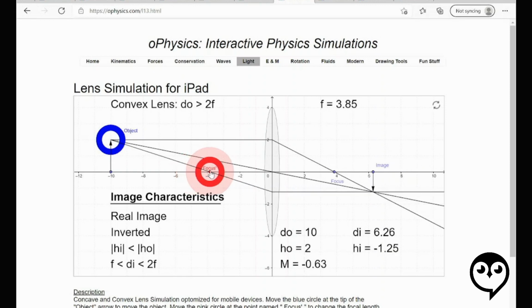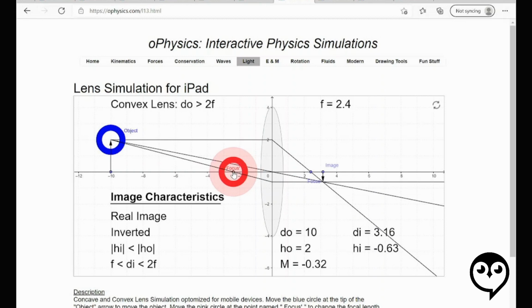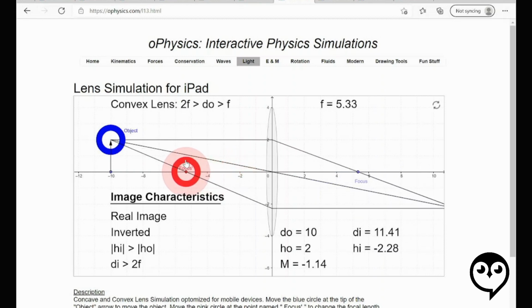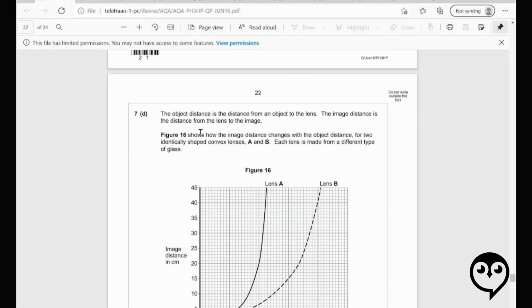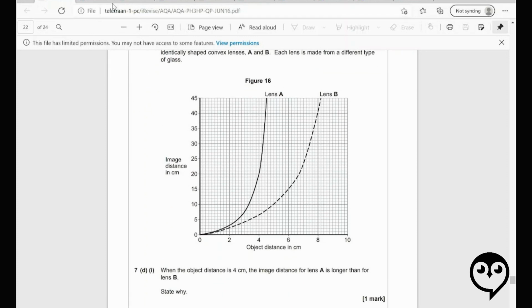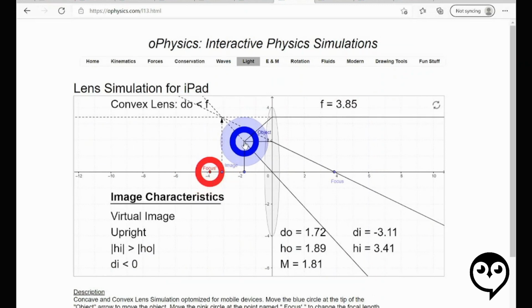If we take a look at here, now to me, looks to me like if we've got a larger focus, we'll have a larger image distance. Now I should look at what kind of, this is a convex lens.